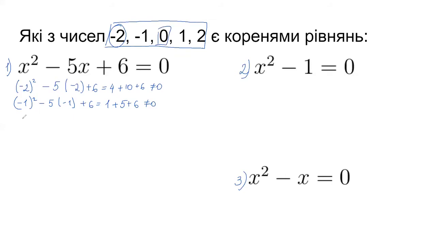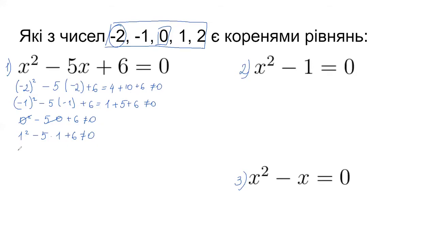So we have 0 squared minus 5 times 0 plus 6, so just 6. 6 is not equal to 0. Let's try 1. 1 squared minus 5 times 1 plus 6, 1 squared would be 1. Yeah, so again we see that it's not equal to 0.